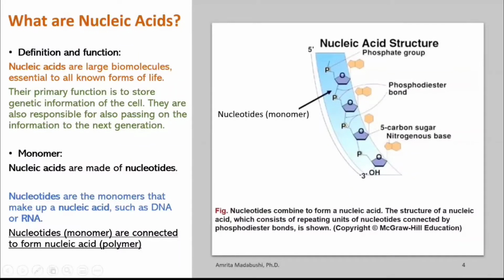Let's pause and take a look at this really nice visual on the right side. If you see the nucleic acid structure, one of these units, let me just highlight it using this highlighter, would be a nucleotide, or a monomeric unit, or a monomer.